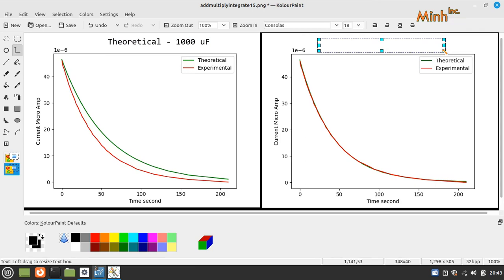I would rather say capacitance, capacitor.